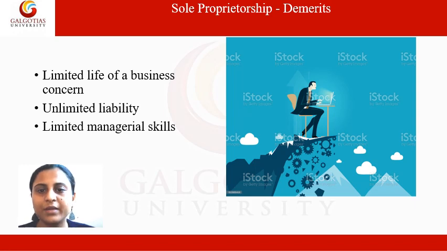It is very difficult for an individual to excel in all these areas. Thus, decision making may not be balanced in all the cases. Also, due to limited resources, the sole proprietor may not be able to employ and retain very talented and ambitious employees in the organization. That is sole proprietorship.